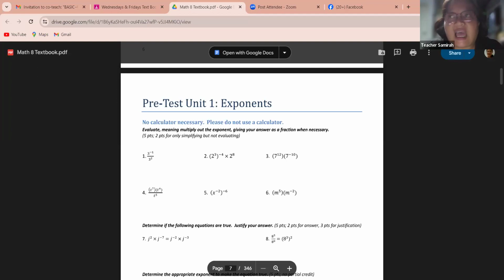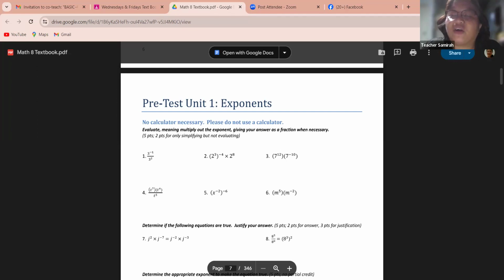For example, A with exponent of 2 times A with exponent of 4. What are we going to do with the exponent as well as with the base? Can you still remember what we did last time?